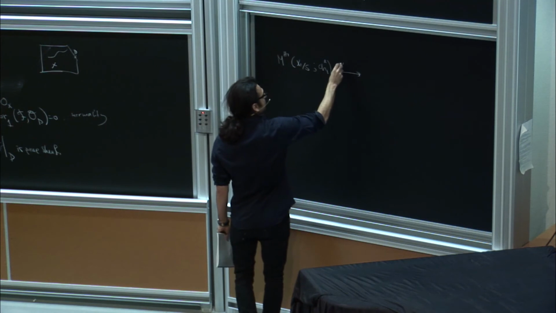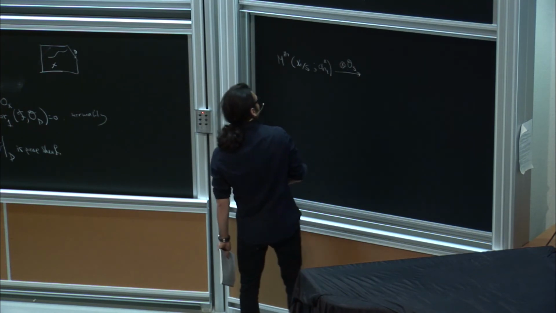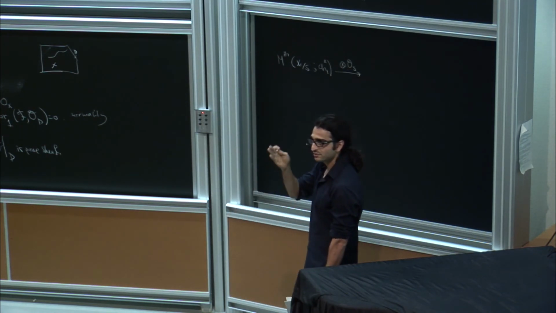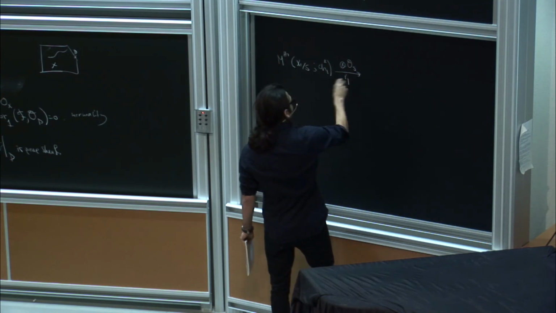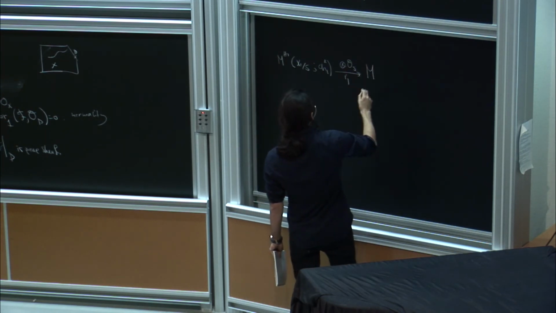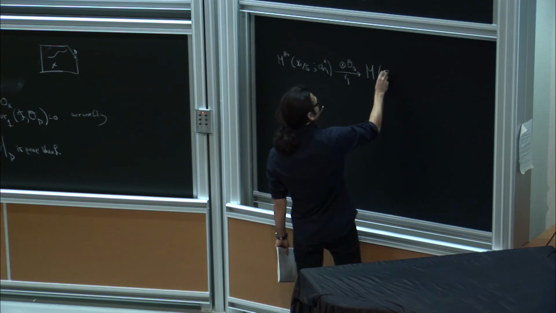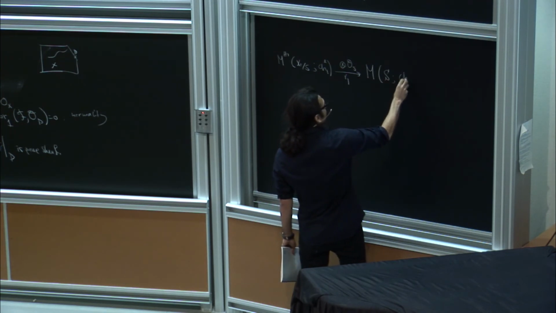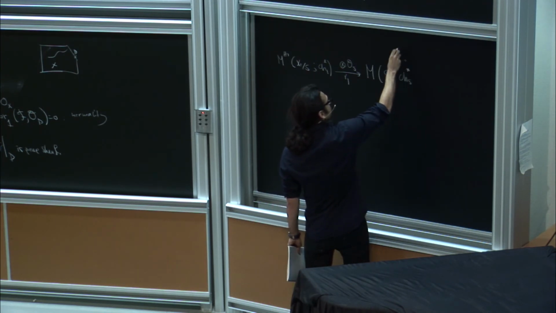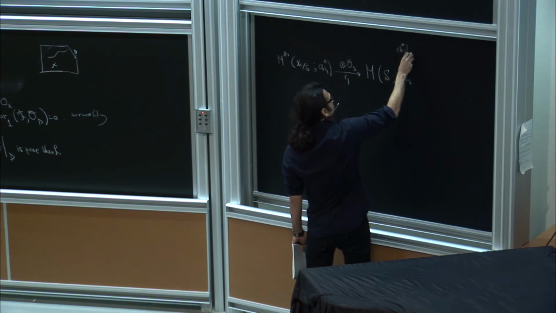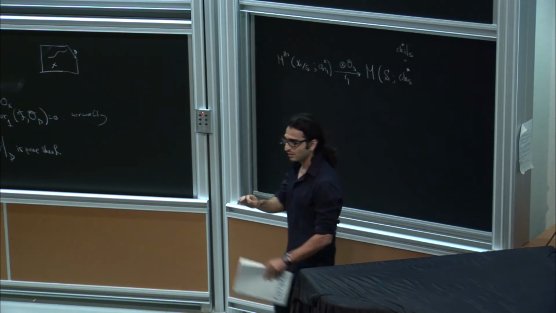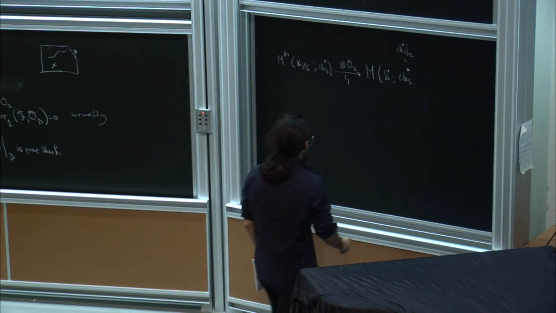By tensoring with the structure sheaf of the surface, the divisor in between, I will land inside the moduli space of sheaves on the surface. Let's call this one Chern star of S, which is the restriction of either of those Chern characters to S. They glue, so it doesn't matter which one I pick.